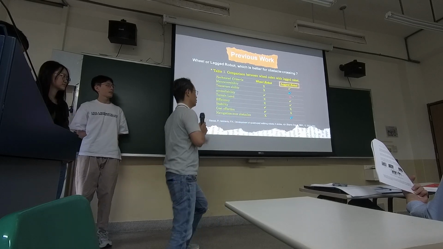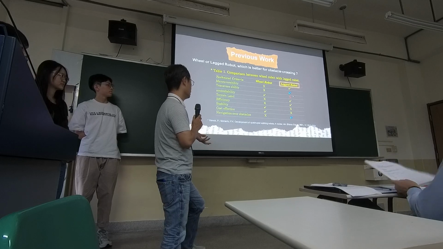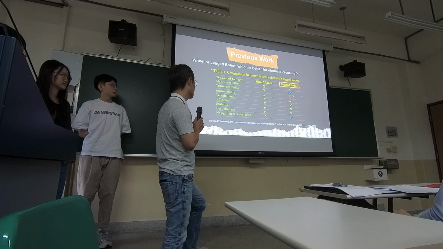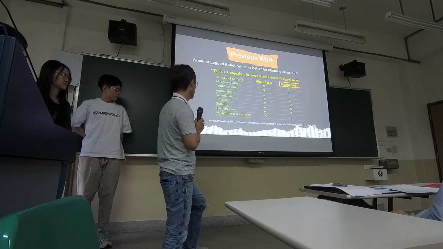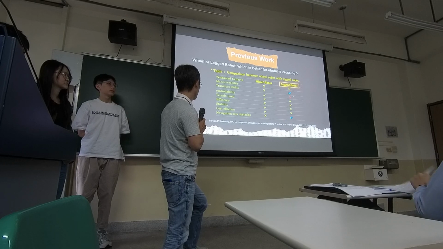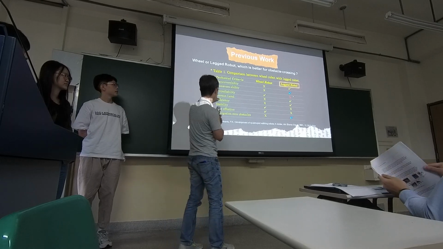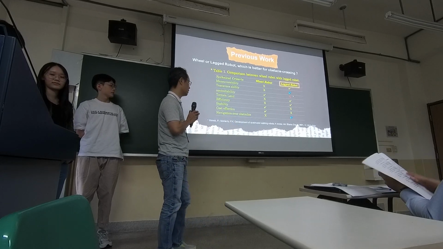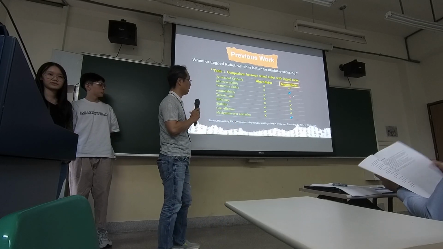Therefore, we plan to choose the leg robot architecture. However, the disadvantage of this type of robot is the complicated control theory. It is the biggest challenge for our project.